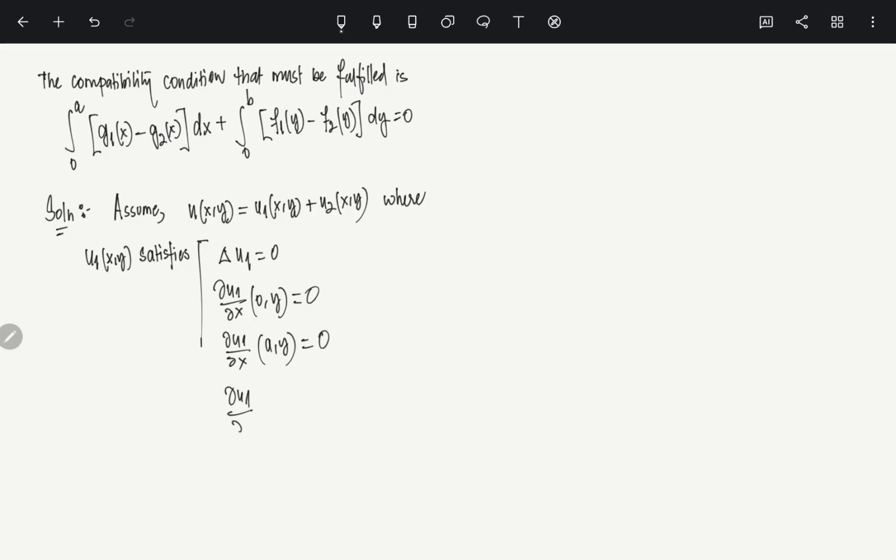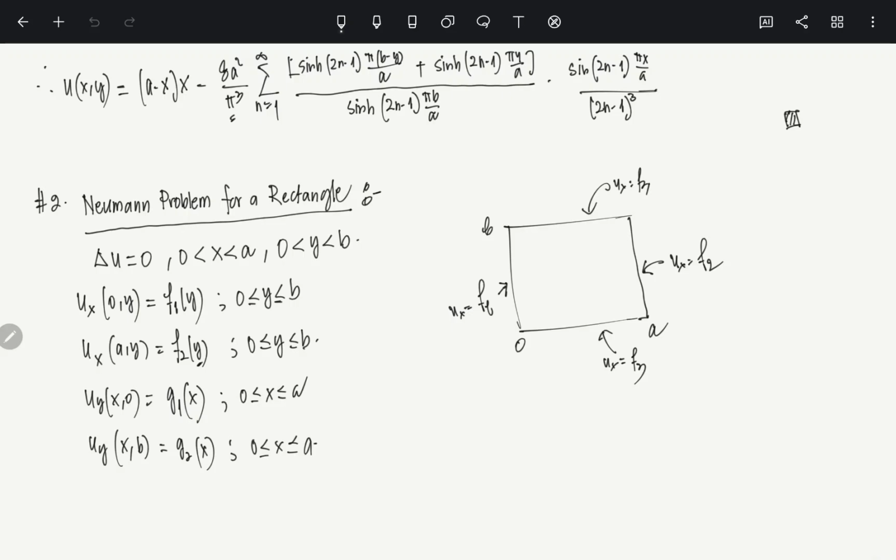u1 with respect to y at the point x, y equals 0, that is, sorry, g1. These conditions I want to interpret. So essentially what I am doing is this: 4 boundary conditions are there. On all 4 of the boundaries it is non-zero, right? So we are breaking it up, you understand?